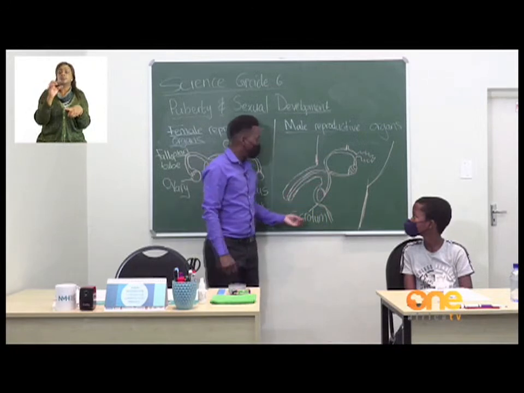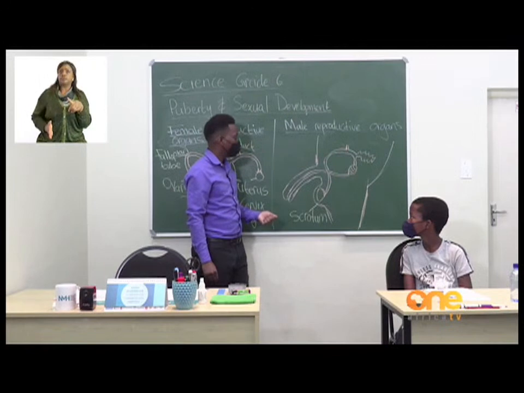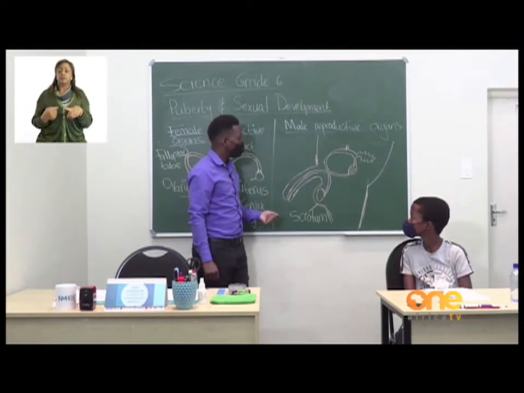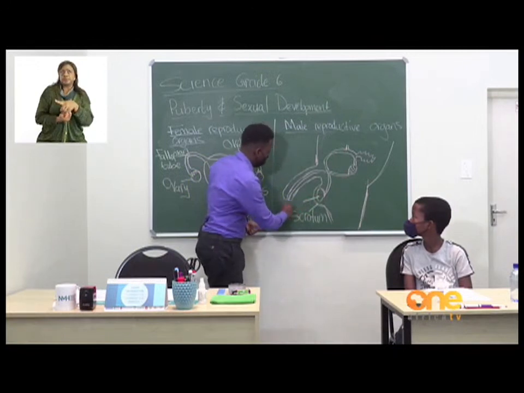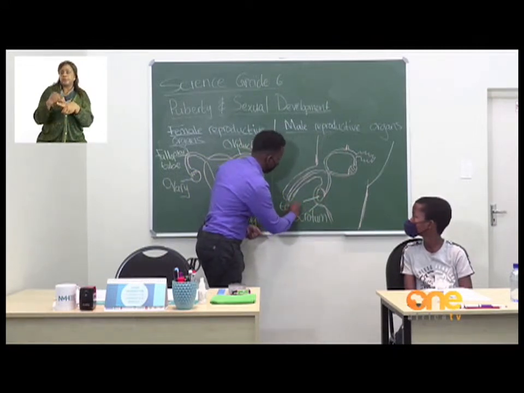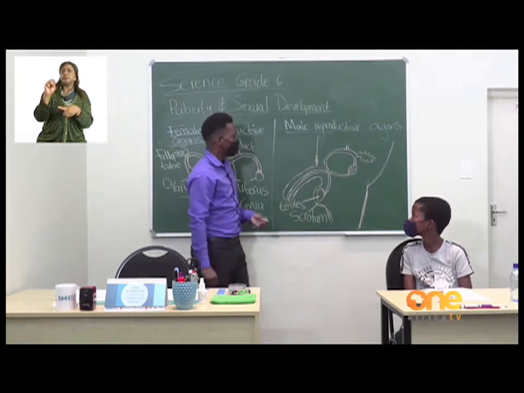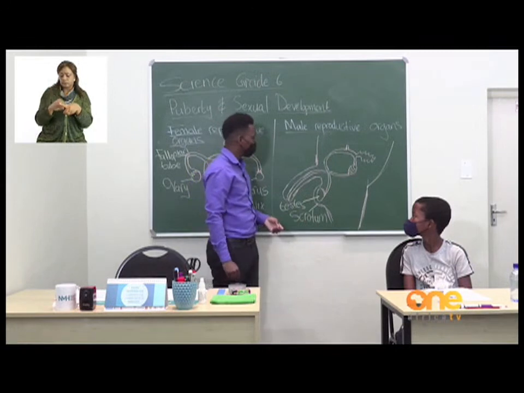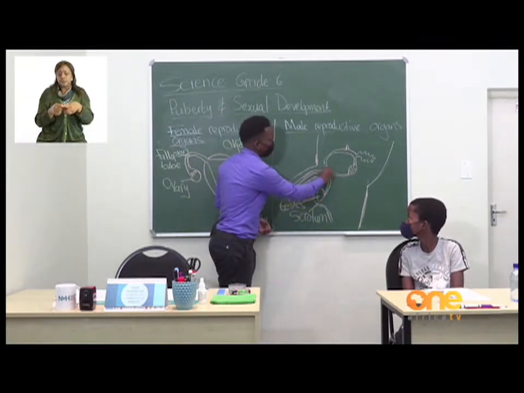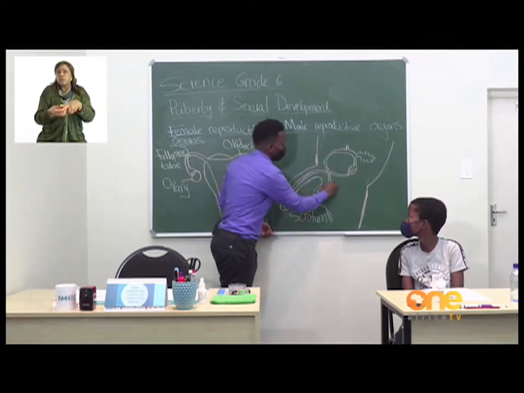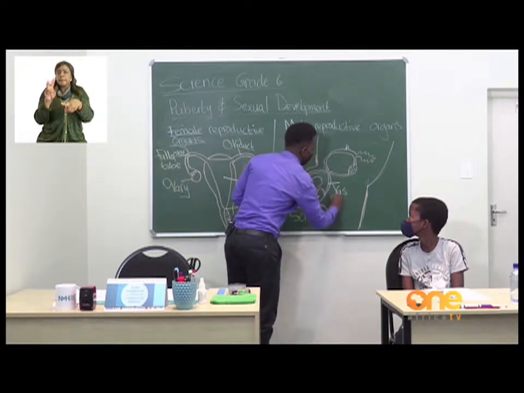Now, the scrotum is part of the external organs that hangs outside the man's body. But inside the scrotum, we have a structure known as the testis. From the testis we have another structure which is coming from the testis going outwards, and this organ is referred to as the vas deferens.